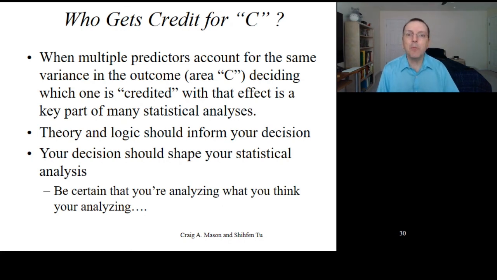How do I decide which variable is responsible for it? Which one, if either of them, gets credit for it in my analysis and in my interpretation and in my conclusions? We'll come back to that who gets credit for C question a lot in future videos.